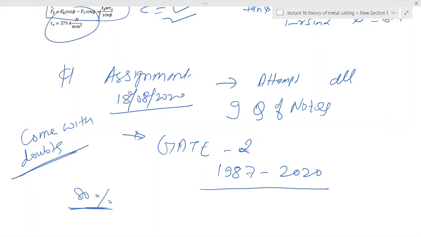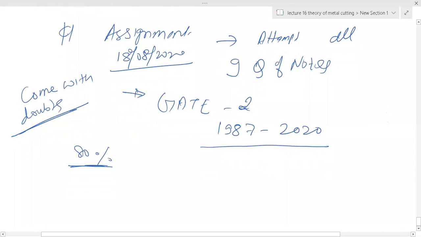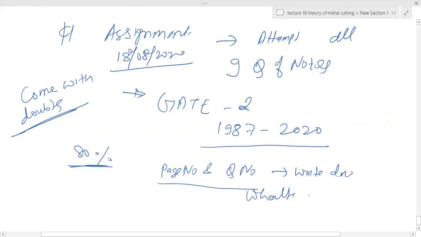So you have to write down, from the 35 years of GATE question papers I have already sent, the page number and question number where you have doubt, and send me on my WhatsApp. I will combine all doubts, and tomorrow I will teach you another machining topic, MRR. One topic is there.